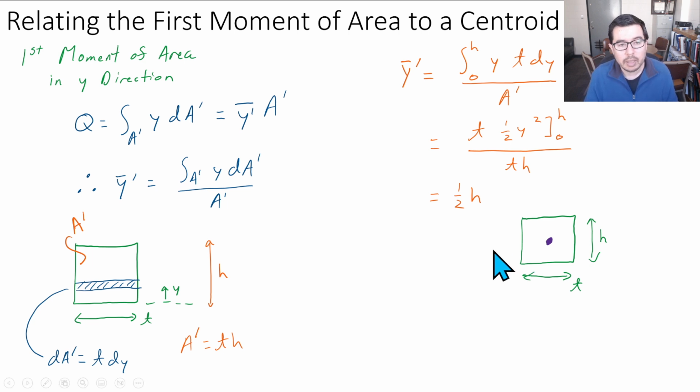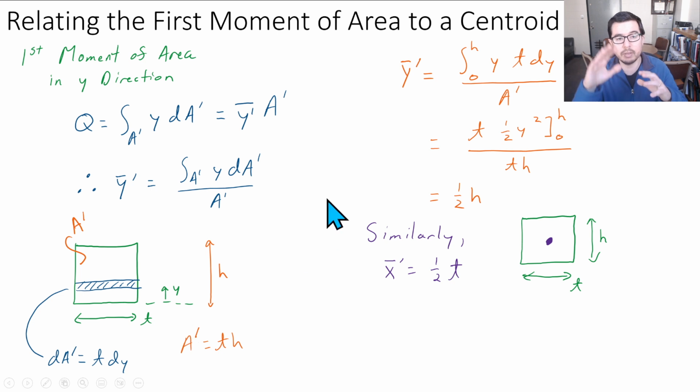Now, if we were to flip this system and think about taking vertical slices, where x is on this side going from left to right, we would similarly see, just doing this integral oriented 90 degrees from what we did, that x bar prime is equal to 1/2 t.